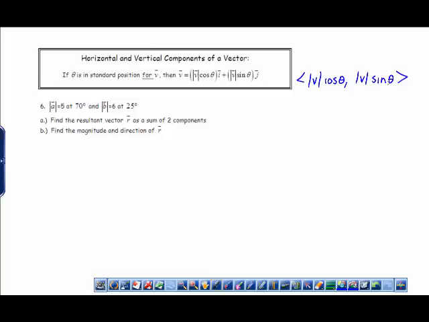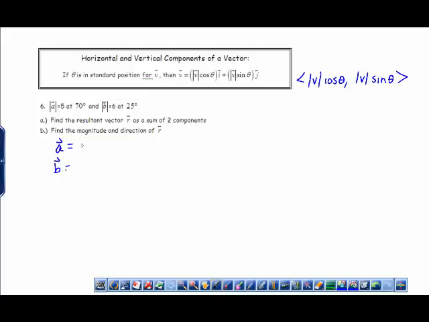Okay? So when you're looking at number 6 and you're given two different vectors, both their magnitude and direction, and you're trying to find the resultant vector, well, first thing is we need to figure out what is true about vector A and vector B before we add them.